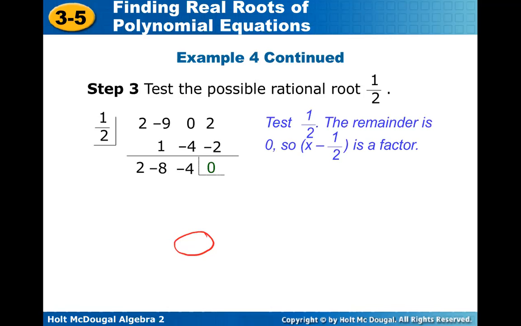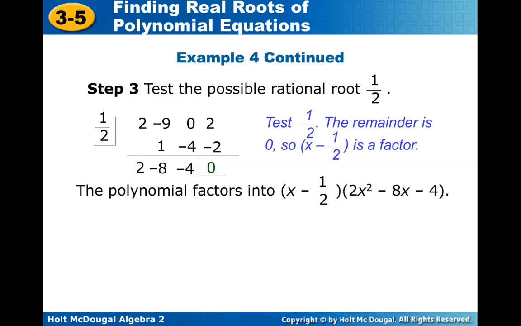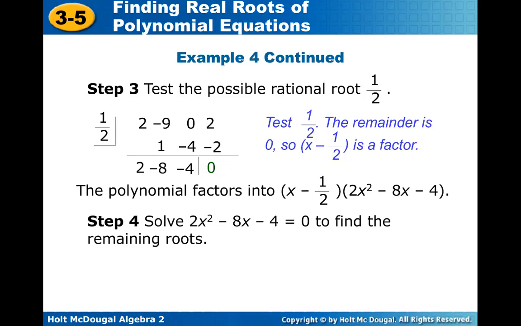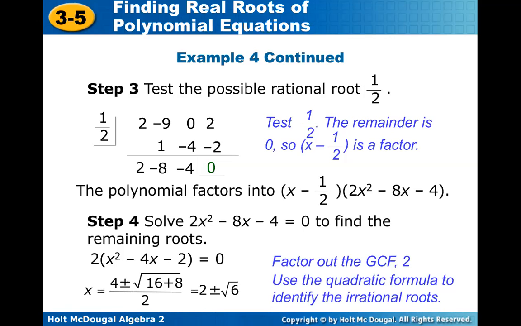And we kind of knew it worked because the graph told us it was going to work, right? Then we factored it like so, right? And then we found the remaining roots by using the quadratic formula. Took out a factor of 2 to make things easier for us. And then use the quadratic formula, and that's what we got.